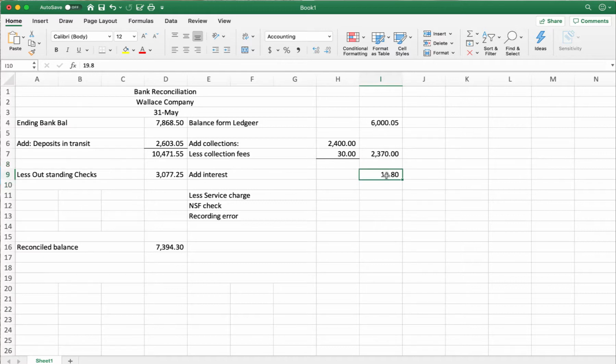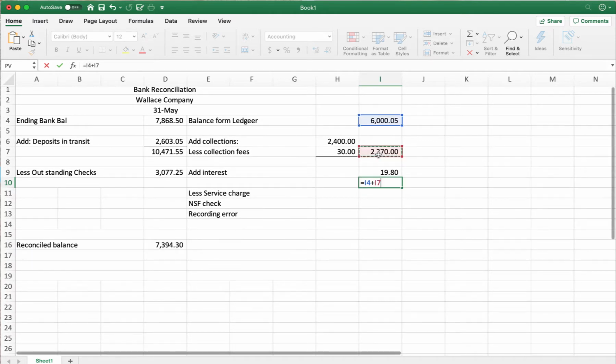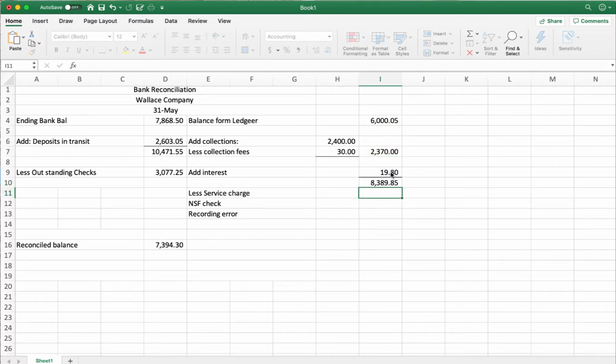Okay? So then I'm going to add everything up that I have so far. I'm going to take my beginning balance plus the notes receivable they collected minus the fee plus that interest that I earned. So I have $8,389.85 available. Okay? And then I look at number 5, bank service charges in addition to the collection fee not yet recorded were $40.